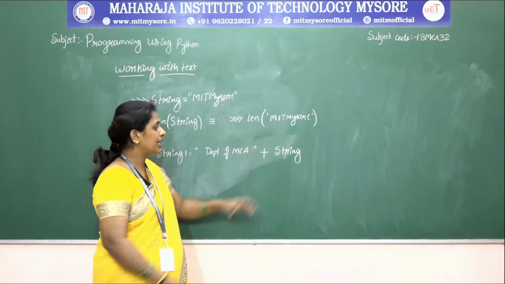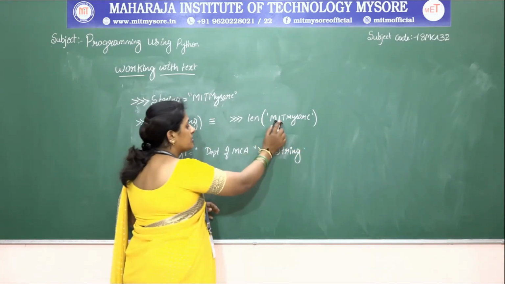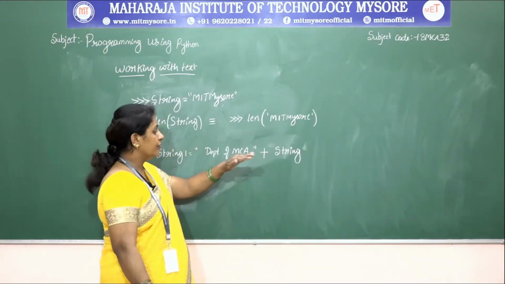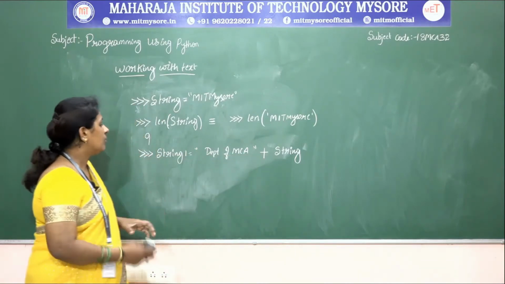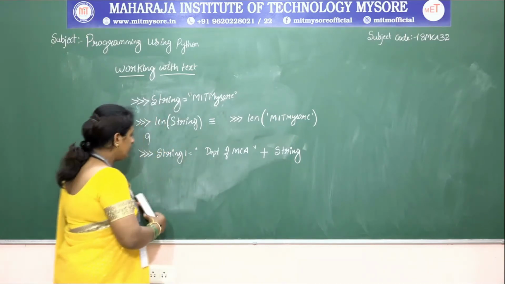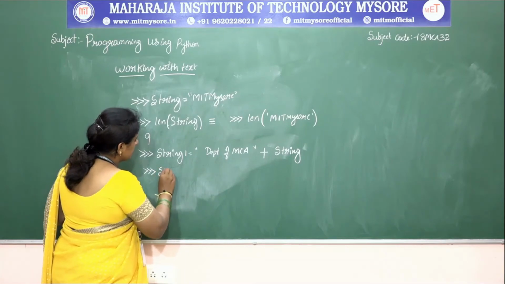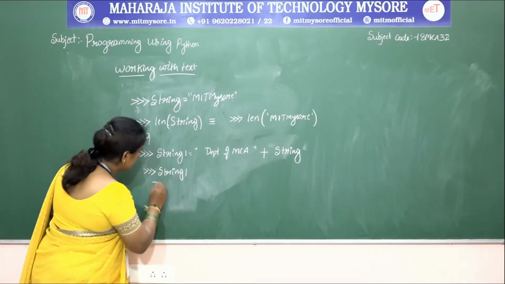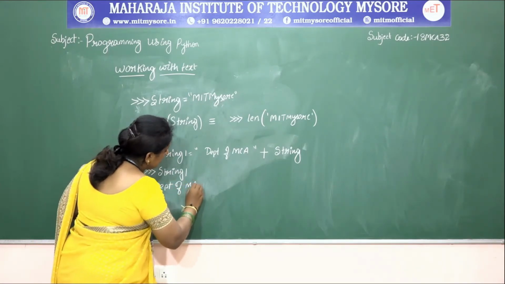In the previous example I used quotes because the quotes represent a value. Here I am using a variable, so I am not going to put any quotes. When I concatenate this with this, I will get the answer as "department of MCA".